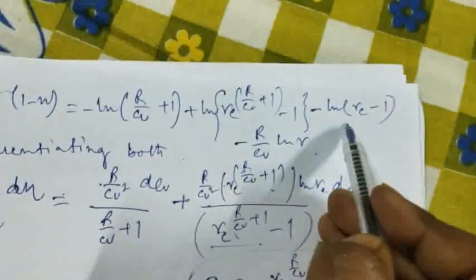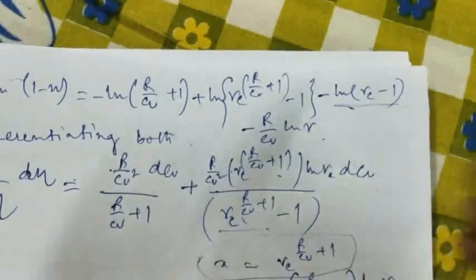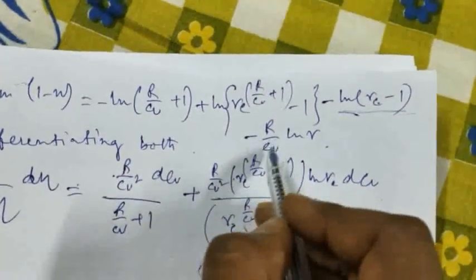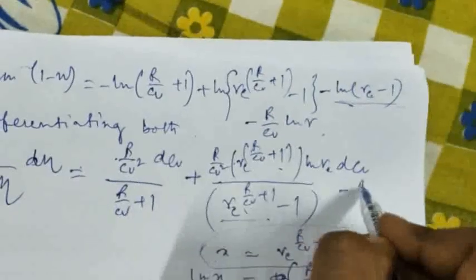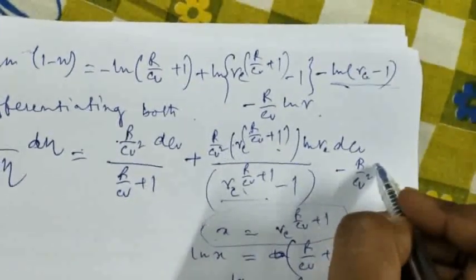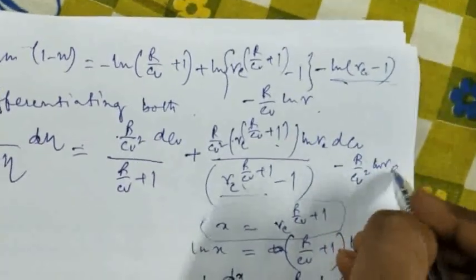Now check, this is constant, this doesn't have any variable thing, so this part will be 0 after differentiation, and this has cv, value of cv, this will be minus of r by cv square, and constant part will be this is ln r d of cv.